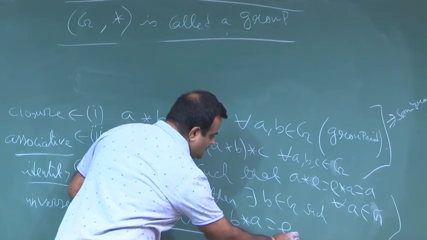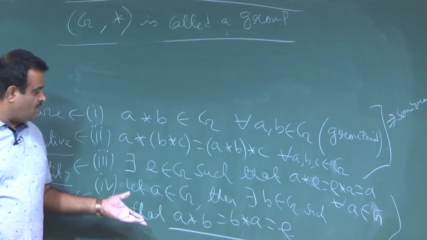So, these 4 properties are the properties of a group.